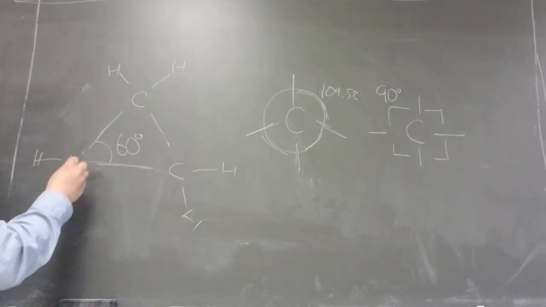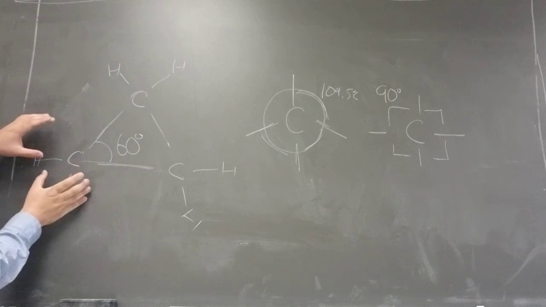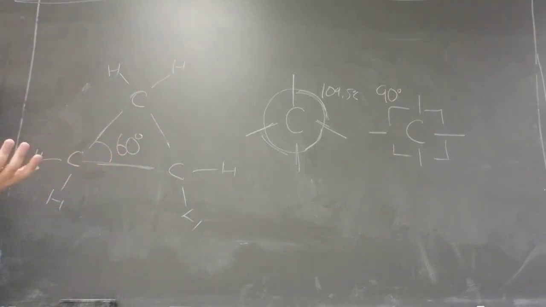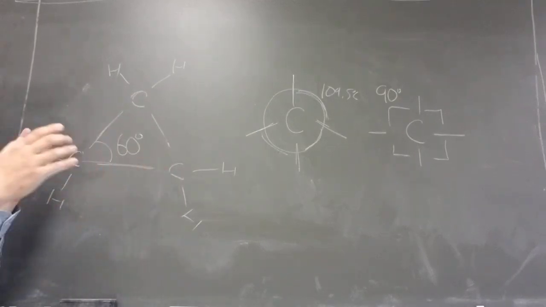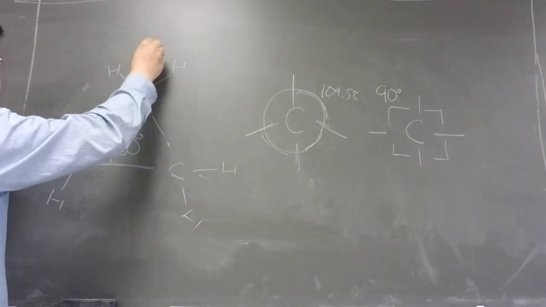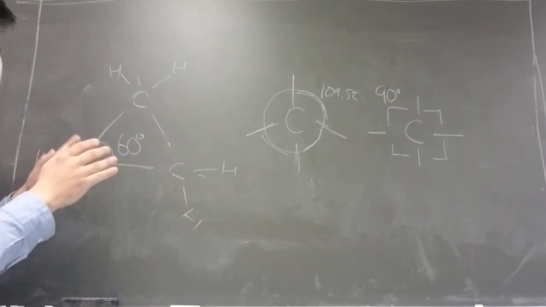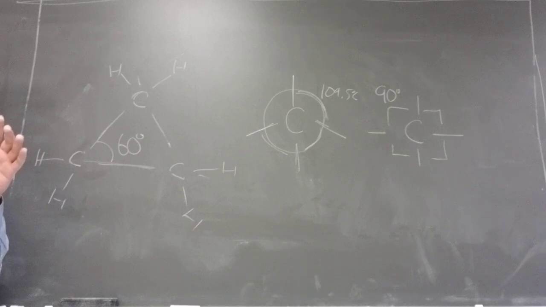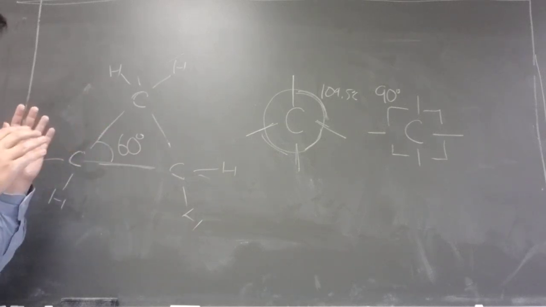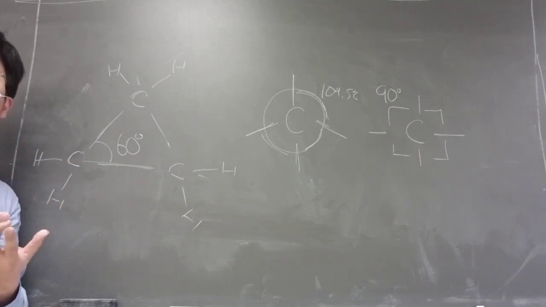And all those carbons are on the same plane too. So that makes those two hydrogens on the same side on each carbon. That makes a total eclipsed conformation on this side and this side as well. So if that is the case, this cyclopropane will experience a lot of discomfort.